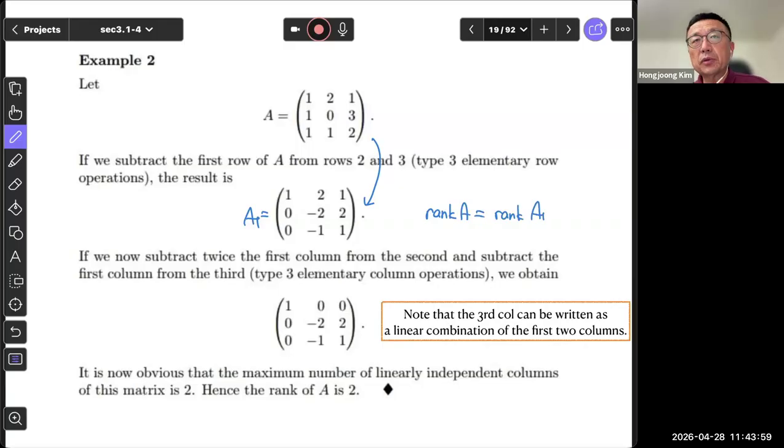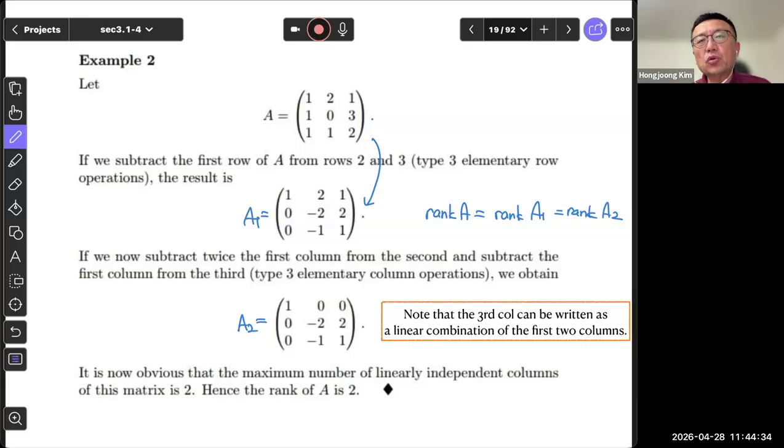Now, if I subtract the first column from the second column and from the third column, you obtain this matrix. Let me call this A2. Then, since I performed elementary column operations, the rank of A1 and rank of A2 will be the same. So A, A1, A2, all three have the same ranks.